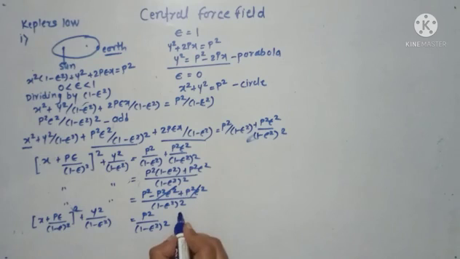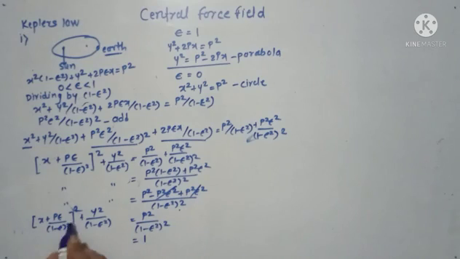So if I divide the whole equation by p squared upon (1 minus epsilon squared) bracket squared, the right hand side will be 1.